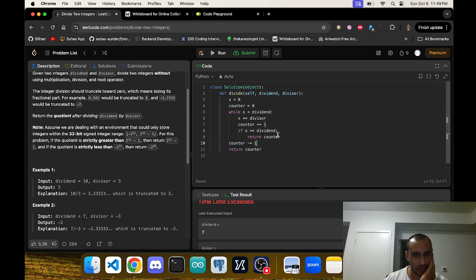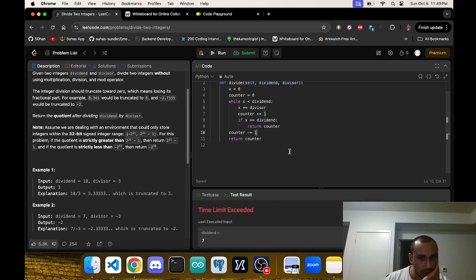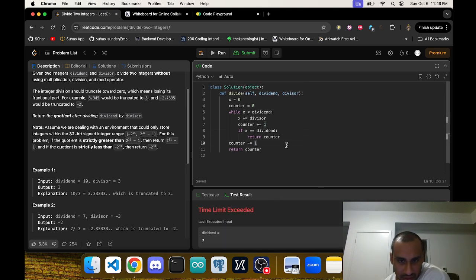Counter, counter, counter. Divisor is -3. Why? X equals 0, while x is less than dividend. X plus equals divisor, which would be 3. Right.